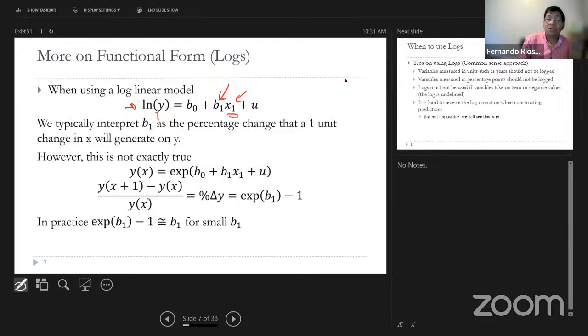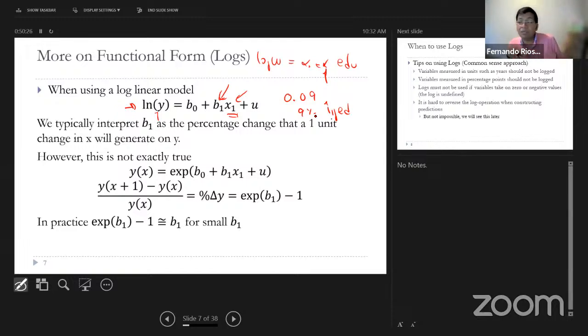For example, in the models of log of wages as a function of education, this coefficient alpha 1, if it was like 0.09, we're saying that an additional year of education would increase wages by about 9%. So it was just reading the coefficient, multiplying it by 100, and saying that that's the percentage impact that you're going to observe on the dependent variable.